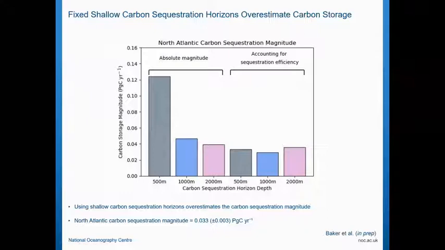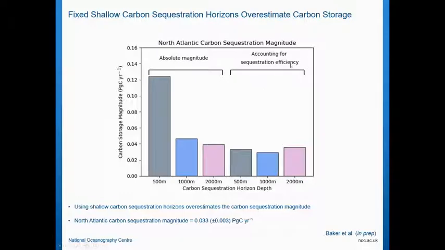To take this one more step further, I've calculated the carbon storage magnitude in petagrams of carbon per year for each of these 3 depths, using these spatial maps you saw previously. This is just the absolute magnitude of the carbon storage from Medusa at these depths.